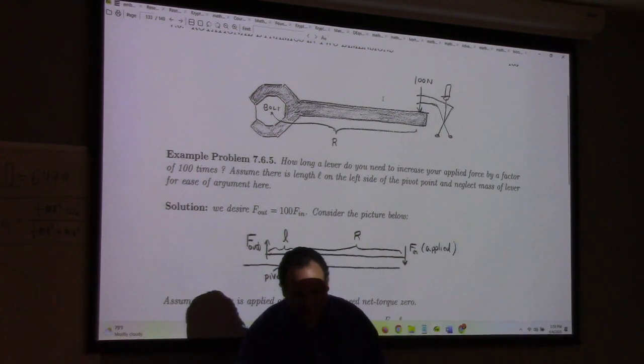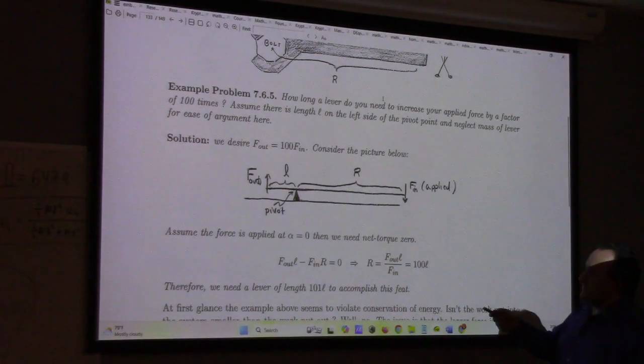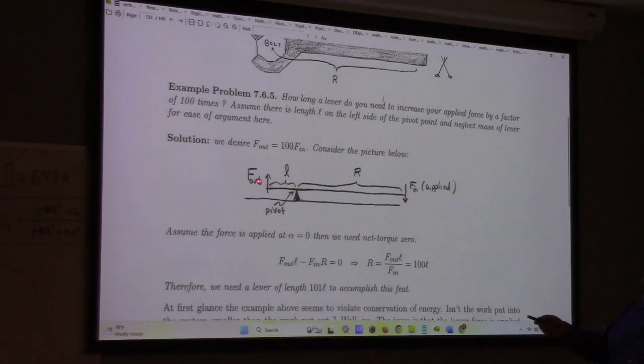If you want to multiply your force by 100, we need, if it's just barely balanced, like a teeter-totter, so that this torque and that torque are balanced, the change in angular momentum is 0. It's not rotating. These are just balanced torques. So F out times L minus F in times R equals 0, which means that the ratio of F out over F in times L should be 100L, which tells me that I need 101 times this length in order to achieve this force multiplication.